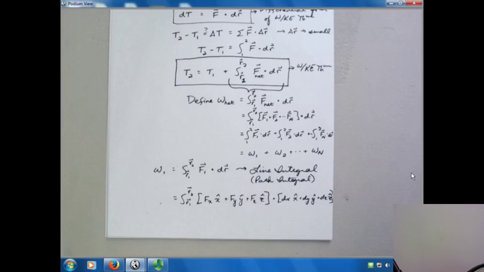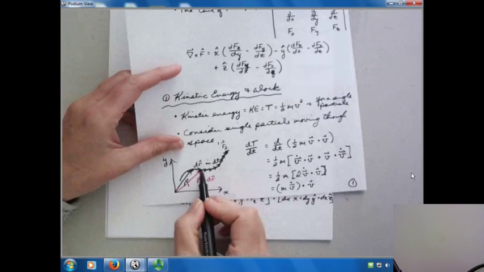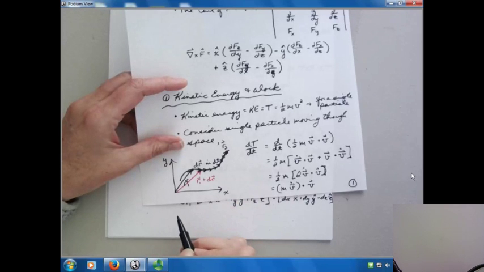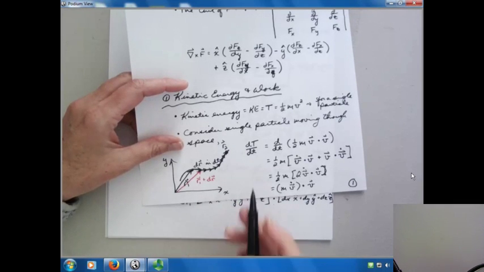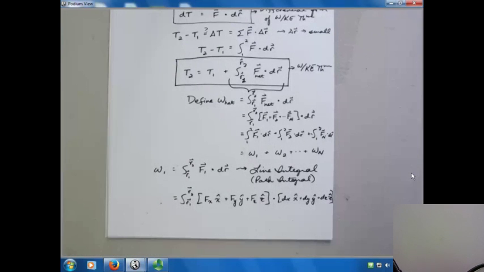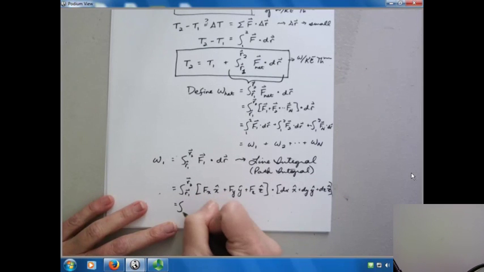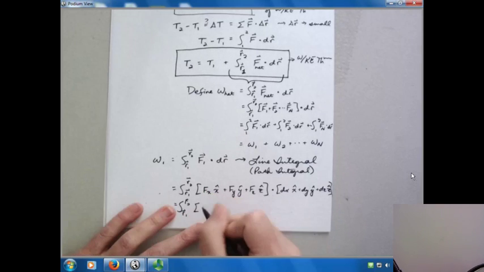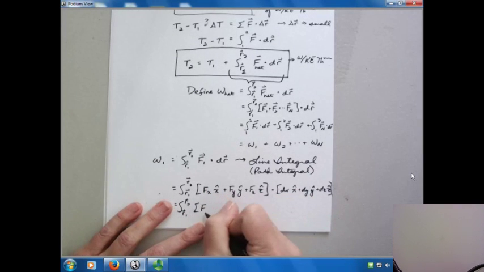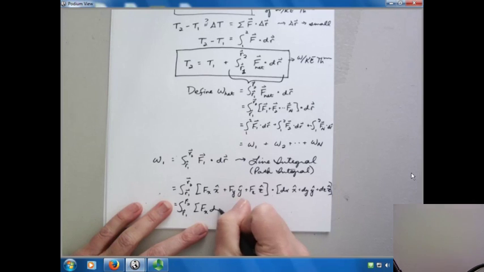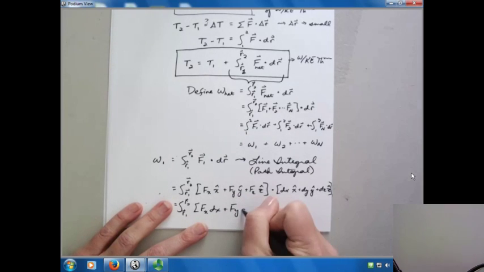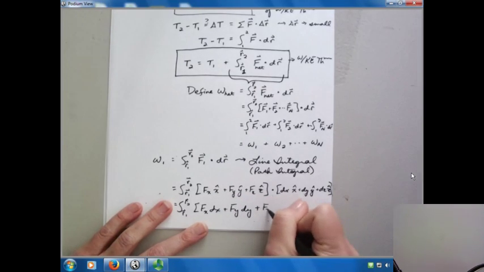All right, and so those dx, dy, dz are the components of your dr. Okay, and what I wind up with here is the integral from R1 to R2 of f_x dx plus f_y dy plus f_z dz.